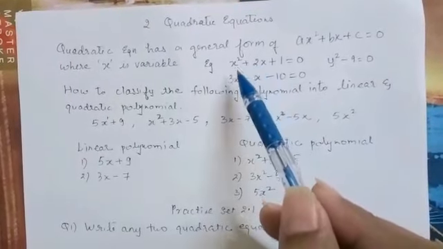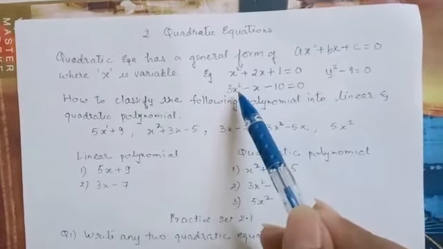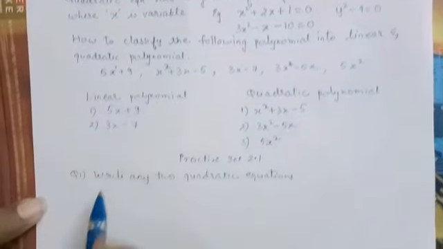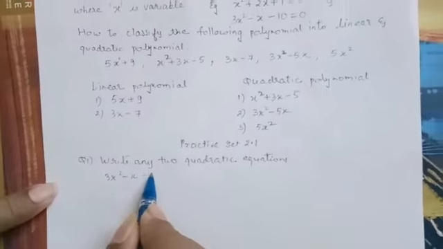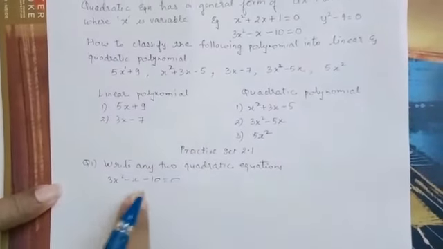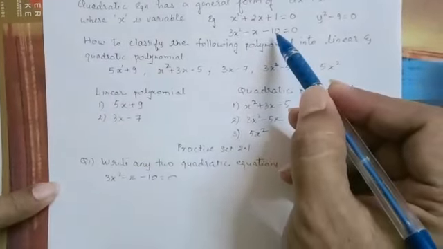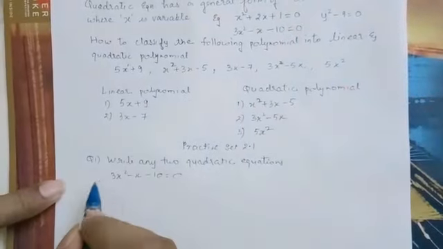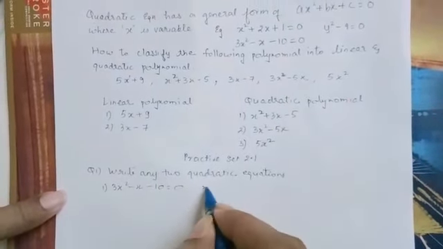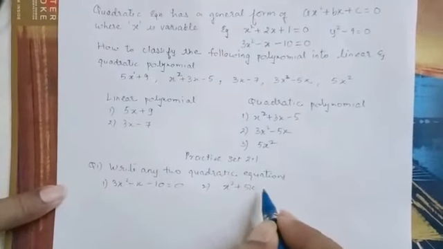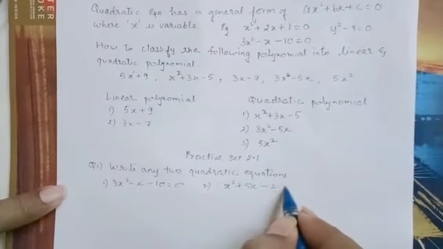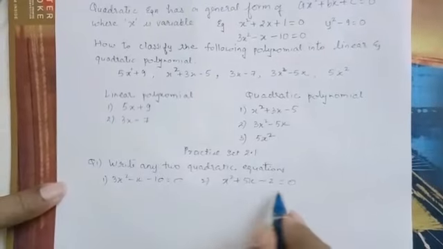So I am writing the second example the same, 3x square minus x minus 10 is equal to 0. This I have copied from here. Another example I can give on my own is x square plus 5x minus 2 is equal to 0. This you can write on your own.